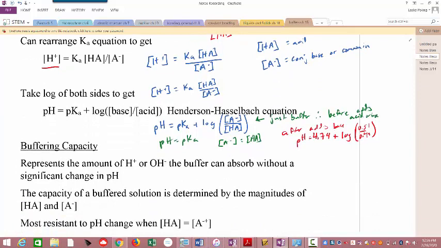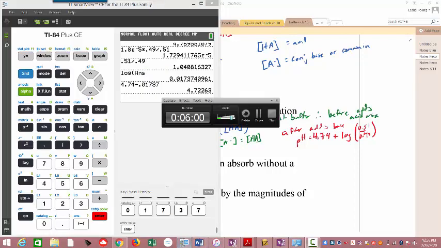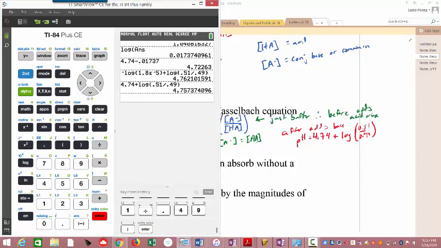So I've got my base over, whoops, wrong button. Okay. Put the whole thing in the calculator at once. Don't try to do it part by part.